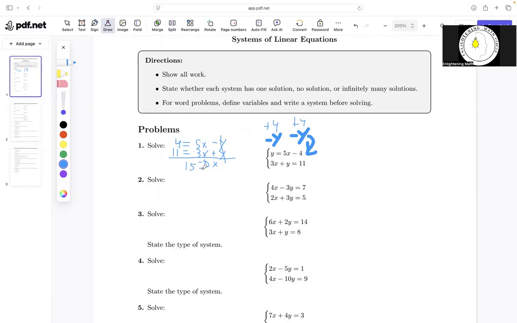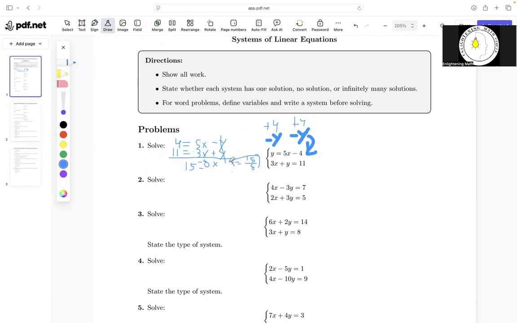So what we have from this now is x is equal to 15 over 8. Now that we have that, we just plug it back in and solve for the y.